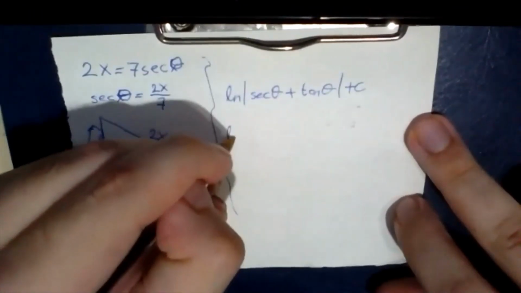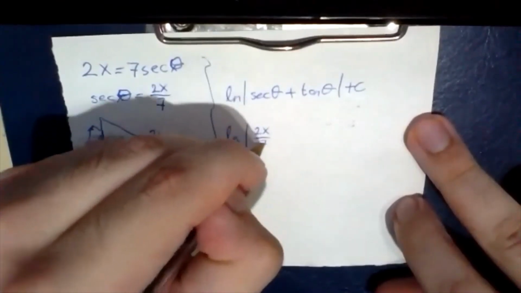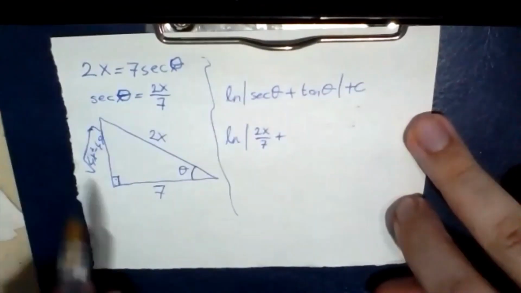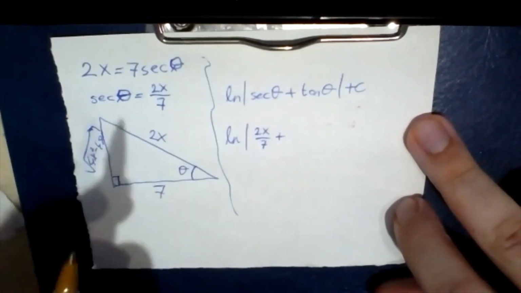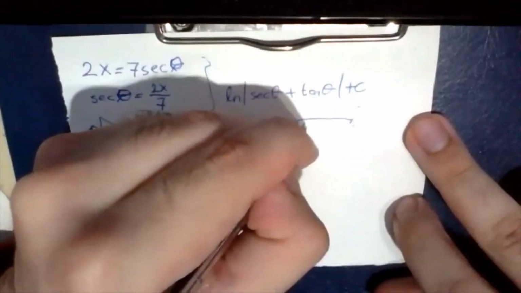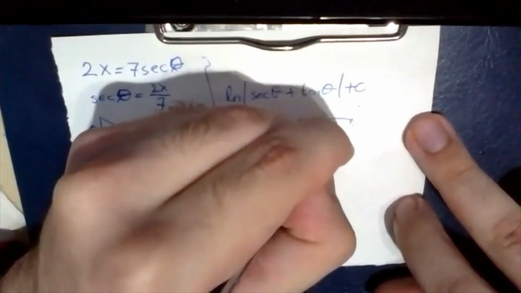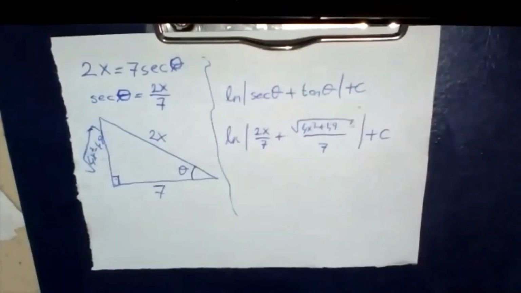Instead of secant theta, we should write 2x over 7. And instead of tangent theta, we should write the square root of 4x squared minus 49 over 7. Plus a constant c. So this was the result of the 5th question.